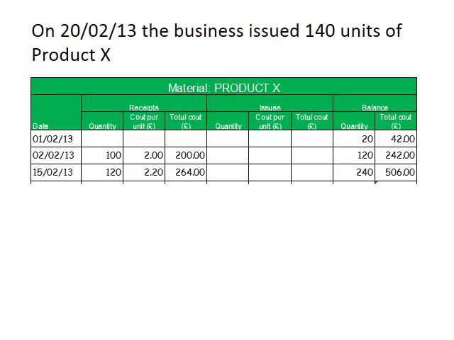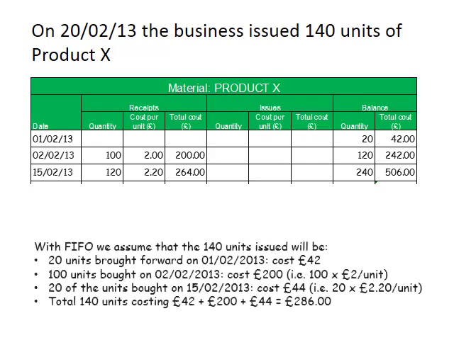So we now have to calculate the overall cost of all of this stock that we are going to issue. Well, we have the 20 units brought forward on the 1st of February. That cost us £42. The 100 units bought on the 2nd of February, that cost us £200. And we're going to take 20 units that were purchased on the 15th of February.